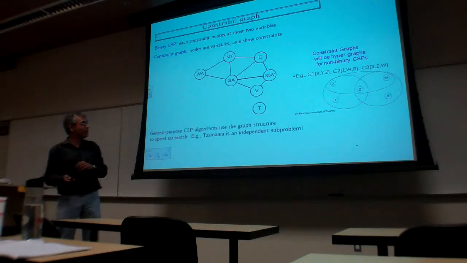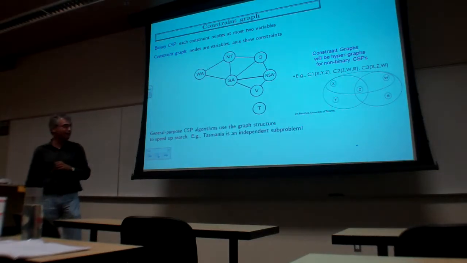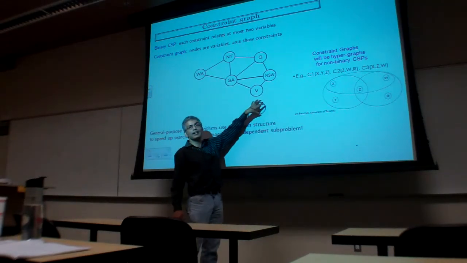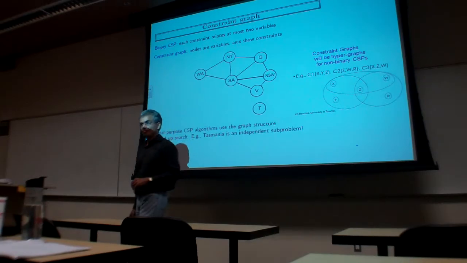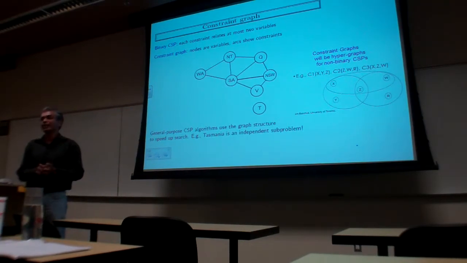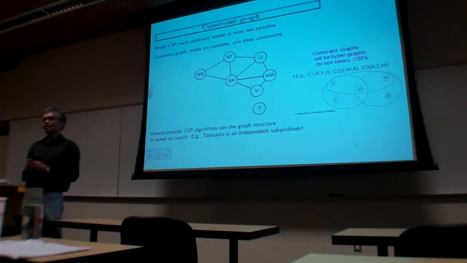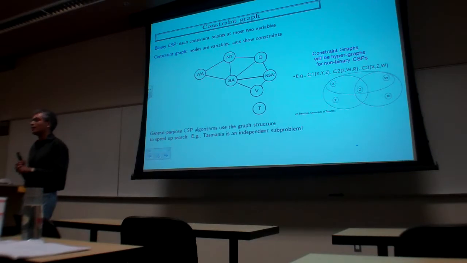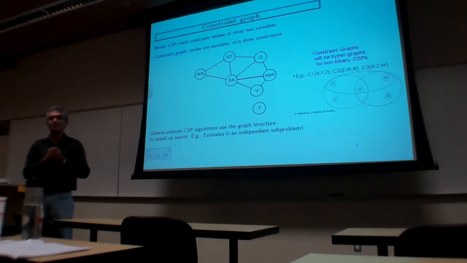And so one of the nice things is, if you look at the constraint graph, this is an independent subcomponent. In general, those are the kind of graphs that you like. What's the best kind of constraint graph for a CSP problem with n variables? N subcomponents, no edges. If no edges, that's the best.